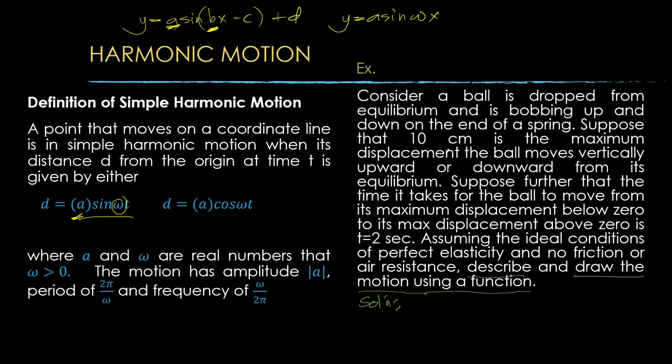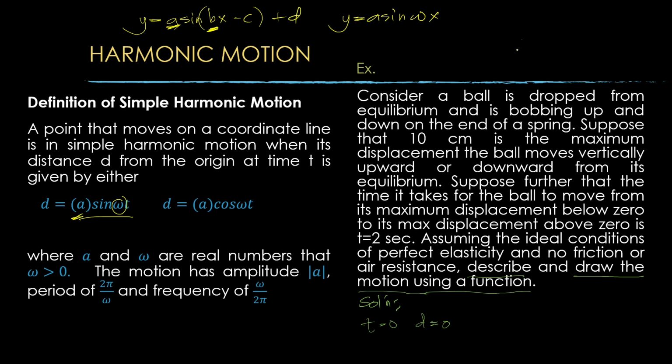From the problem, it says that the ball is dropped from equilibrium. Meaning, at t is 0, the displacement was 0. It has not started moving yet.